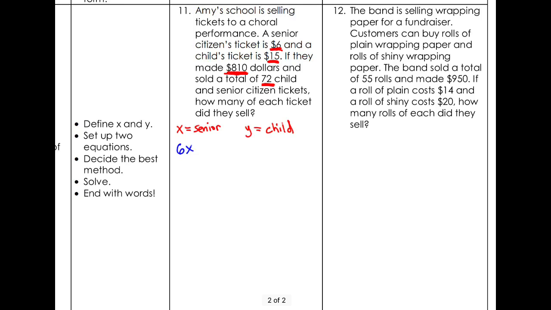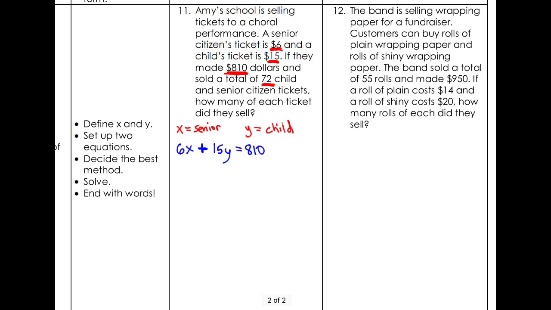To get the total cost of that, I know it's going to be combining that with a child ticket, and a child ticket is $15 per. And then our total cost, we already underlined that in here, is $810. And so we'll write that below. It's equal to $810.